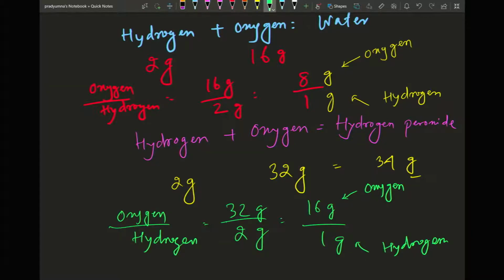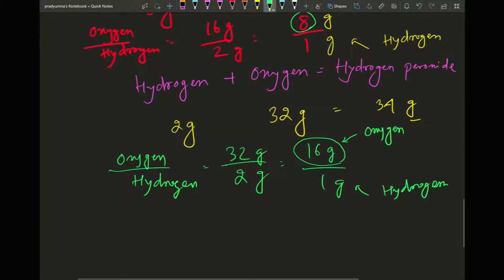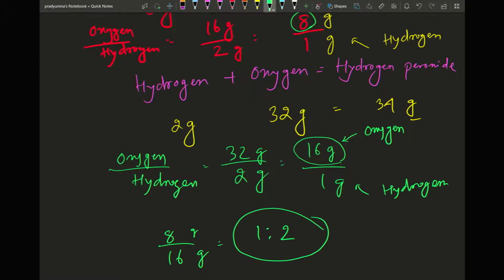So what this law tells us is that the ratio of this top number here and here is going to be a simple whole number ratio. It's going to be 8 divided by 16, that is a 1 to 2 ratio. It's not fractional. It's a simple whole number ratio.